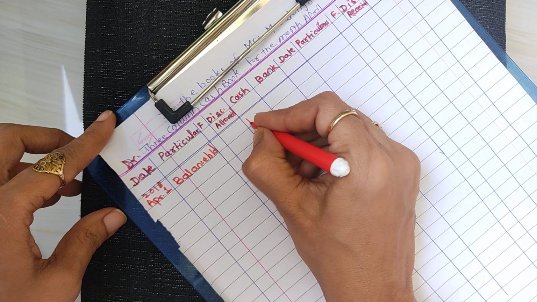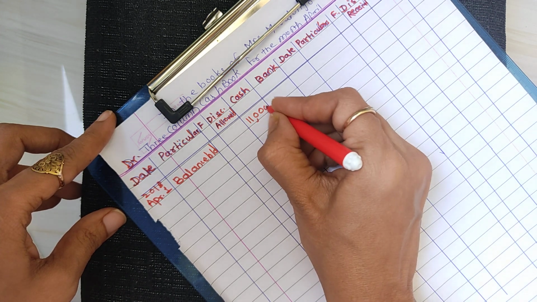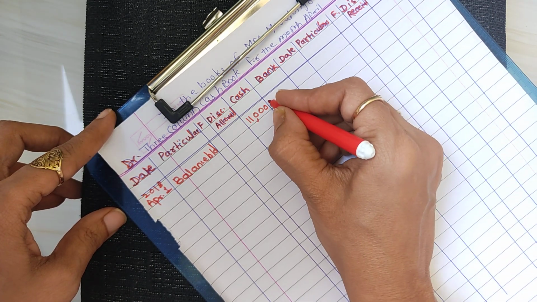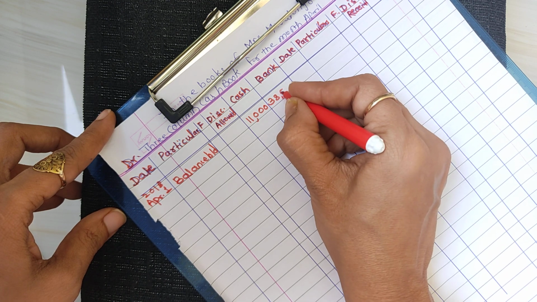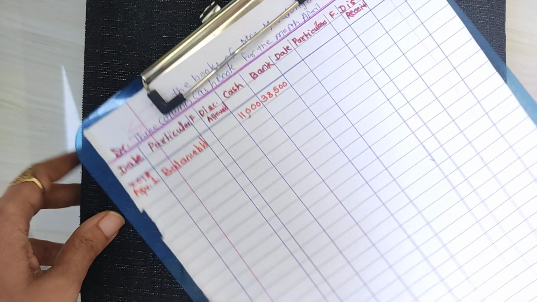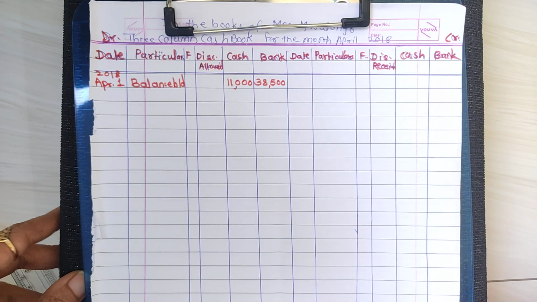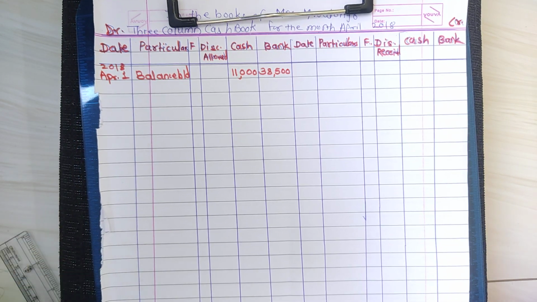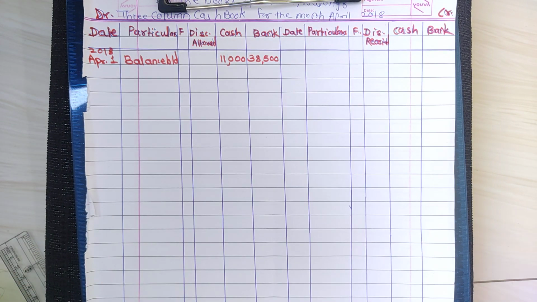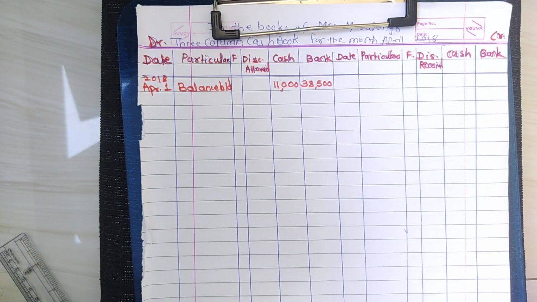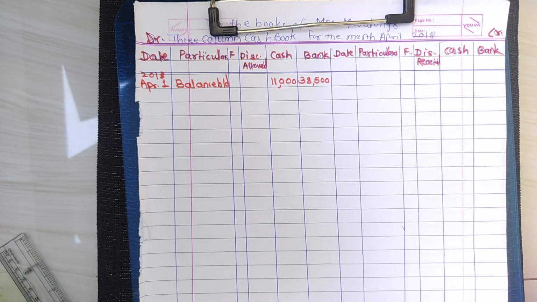Students, I will suggest you take a printout of the question. The PDF is already given in the description, and then solve the question with this. If you solve at least 5 years of papers, that will be enough good practice for bookkeeping, which will definitely help you.